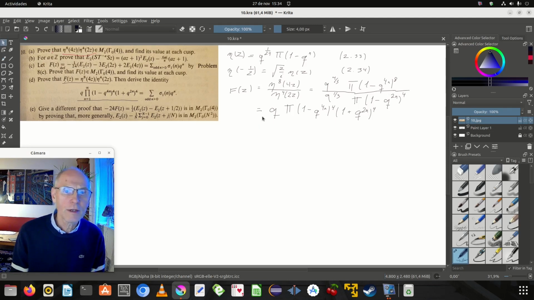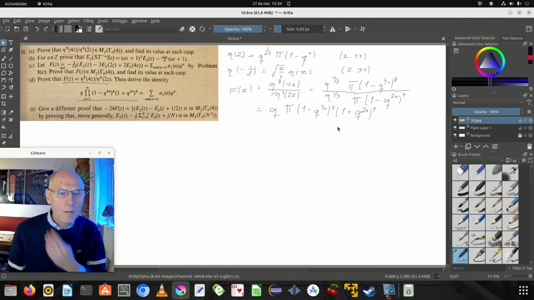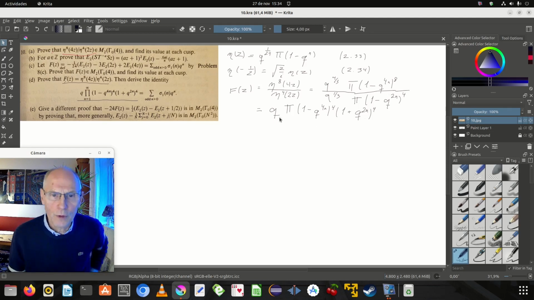So that means it has the right form to be a modular form, or even, I forgot what it is in English, a cusp form, having 0 at infinity at least.